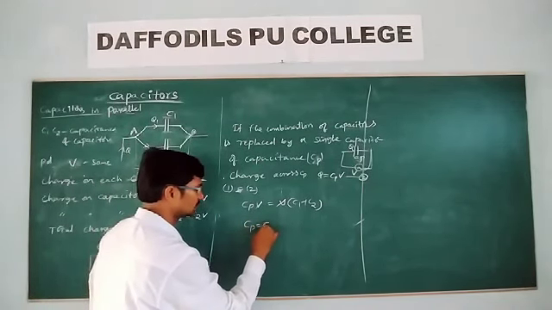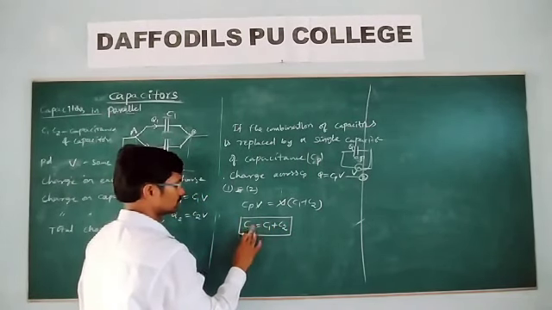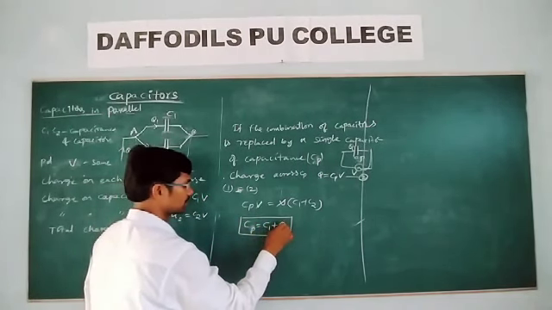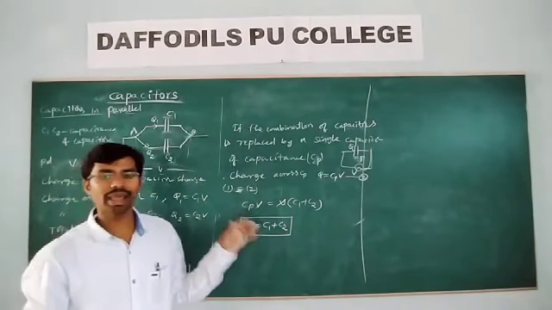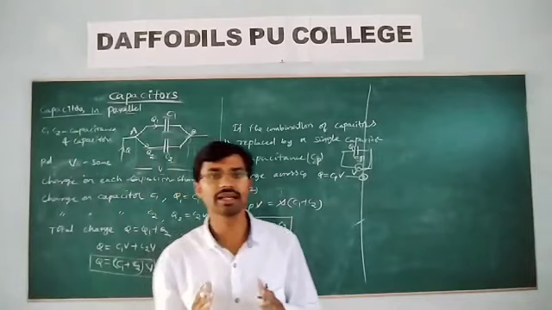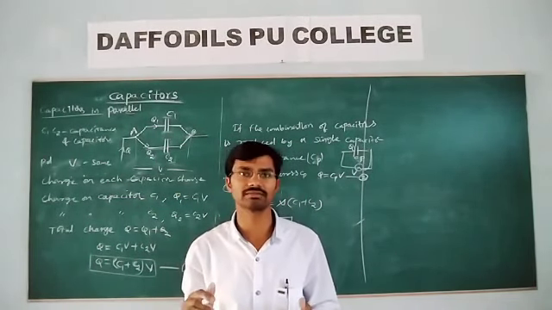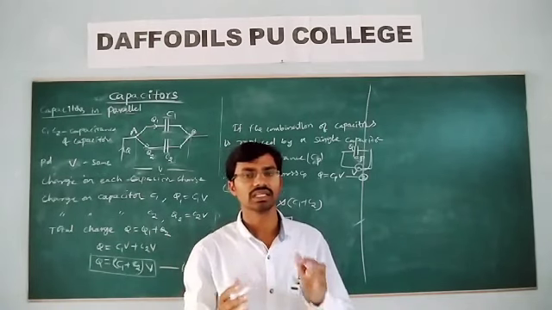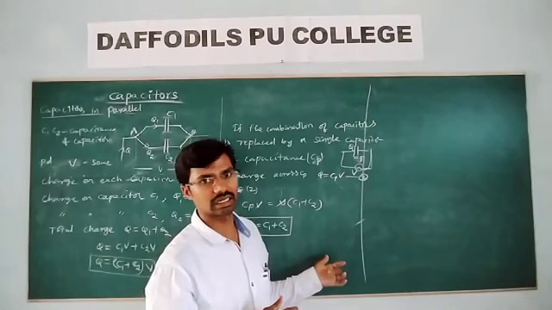Therefore, Cp is equal to C1 plus C2. That means in parallel combination, the equivalent capacitance is equal to the sum of the individual capacitances of the capacitors. Therefore, equivalent capacitance increases in parallel combination.